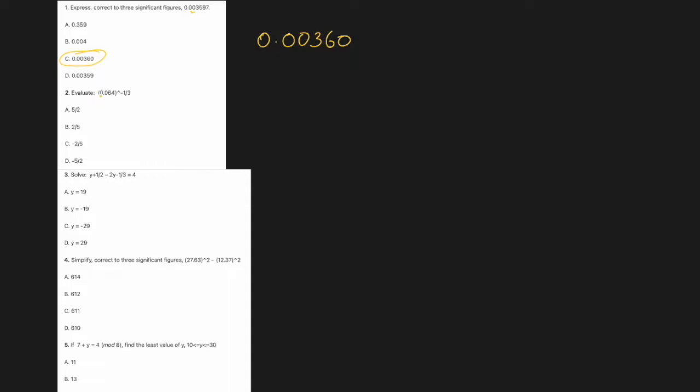Evaluate 0.064 to the power minus 1/3. To make it positive, it will become 0.064 to the power 1/3, which can be written as the cube root of 0.064, which is 0.4.